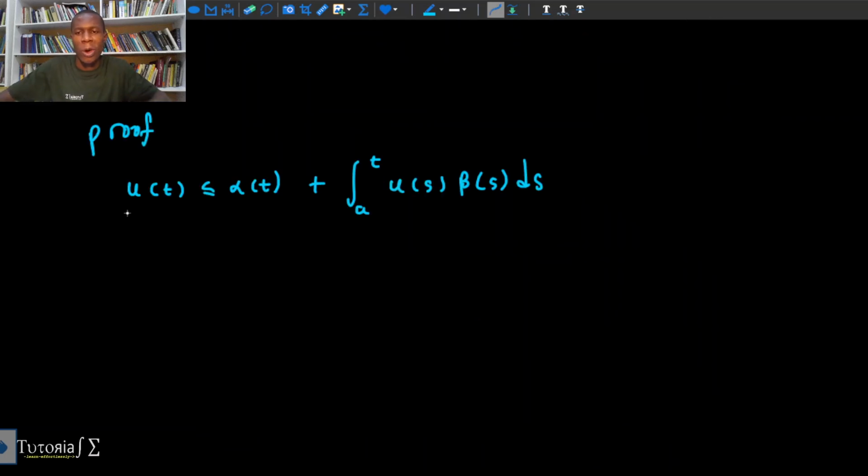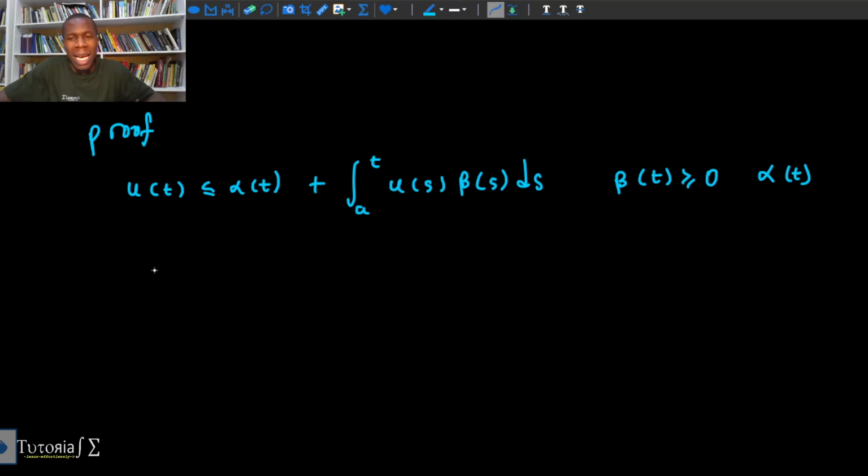So we're going to assume we already have u in this form, and we've already proven that beta of t is greater than or equal to 0, and we've already shown that alpha of t is continuous. Now, how do we progress from here?